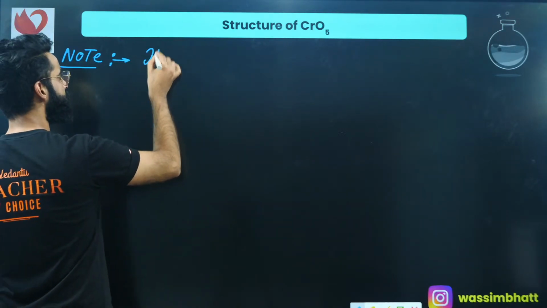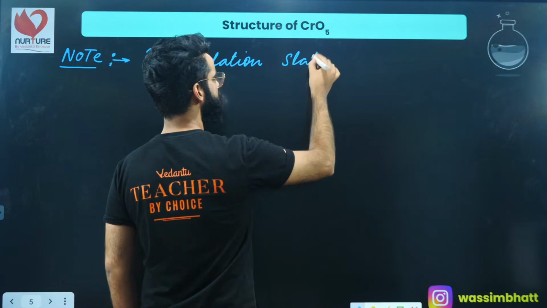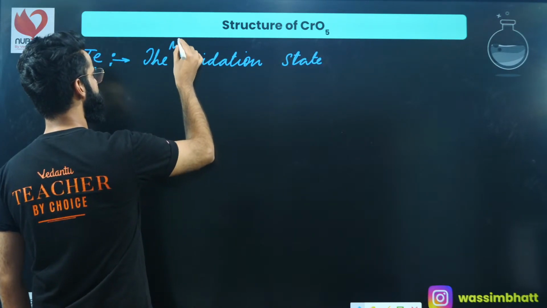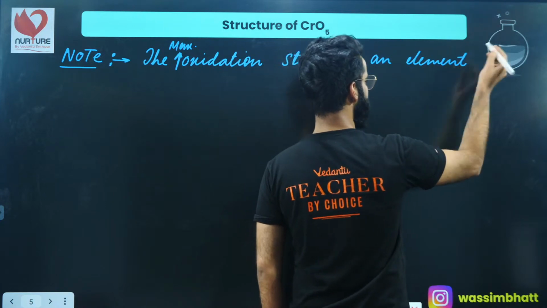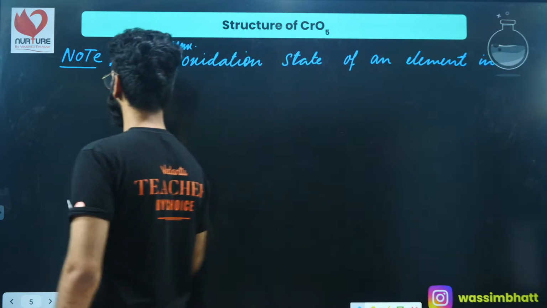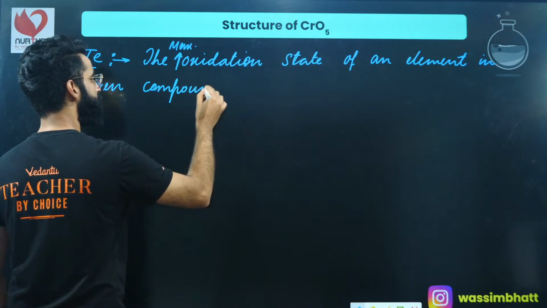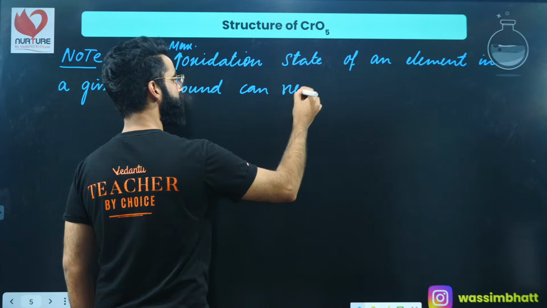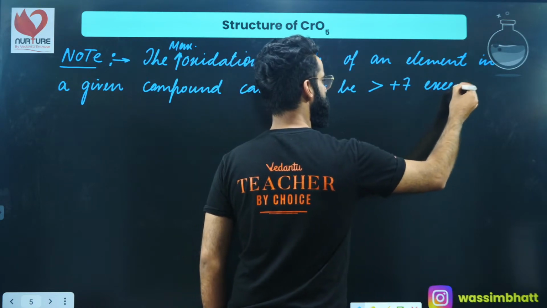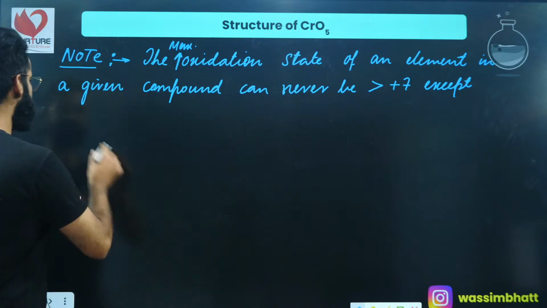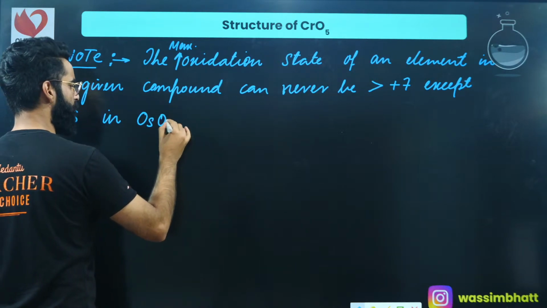The statement is: the maximum oxidation state of an element in a given compound can never be greater than +7, except osmium in OsO4, right?